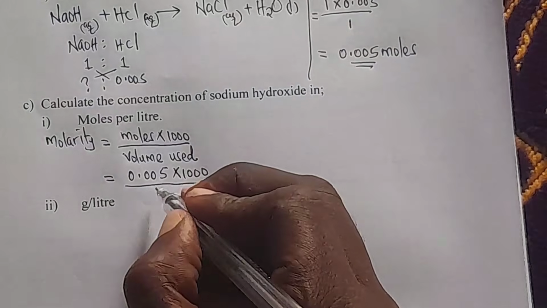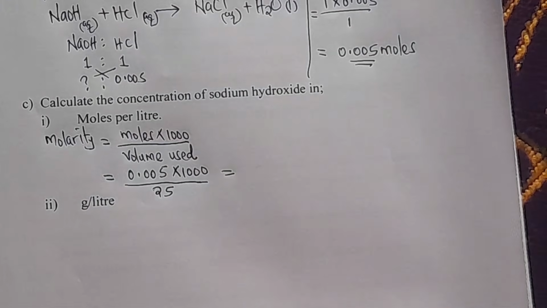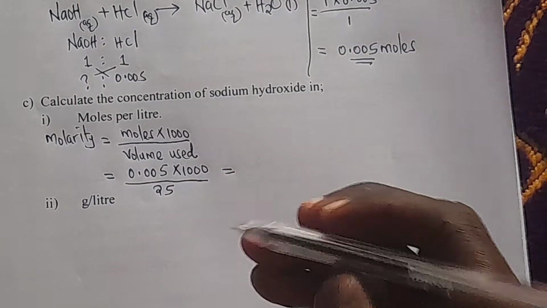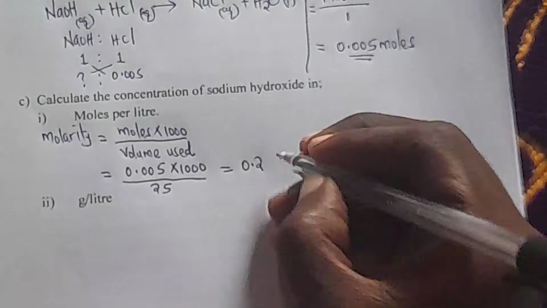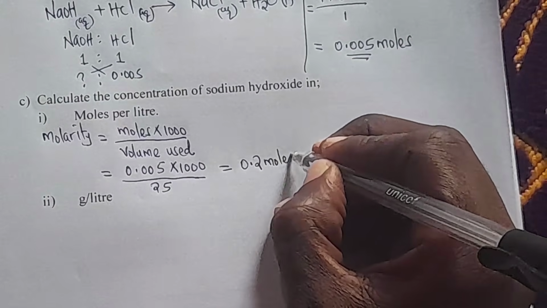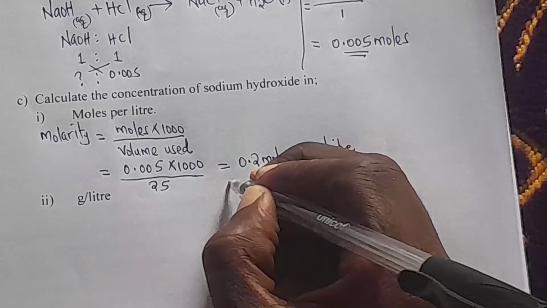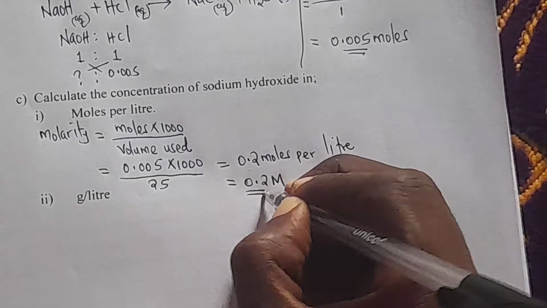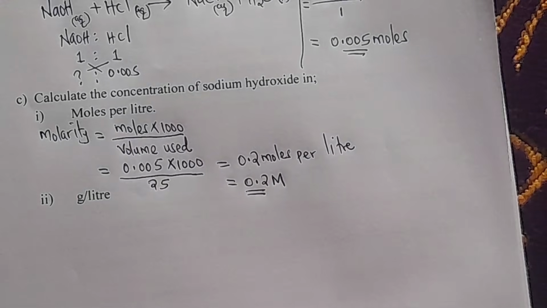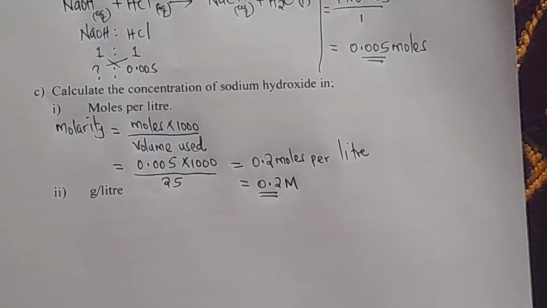Here we are going to get 0.2 moles per liter, which we can write as 0.2 M. That's the molarity, or the concentration of sodium hydroxide in moles per liter.